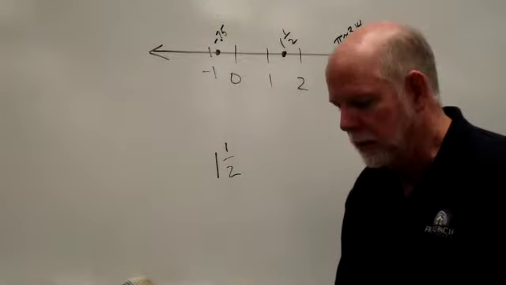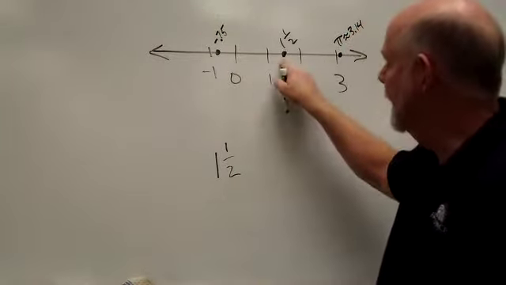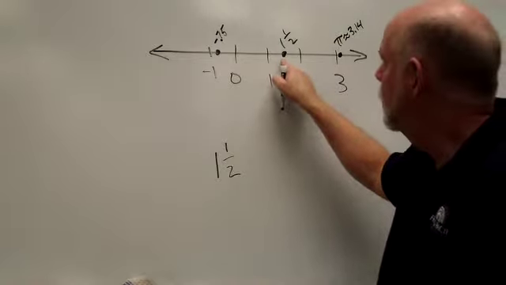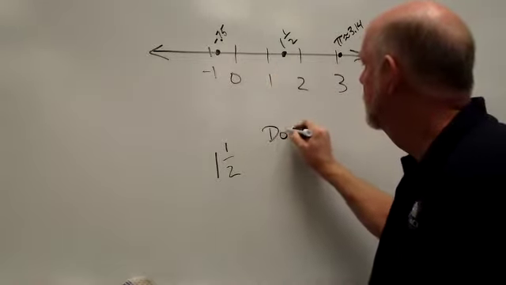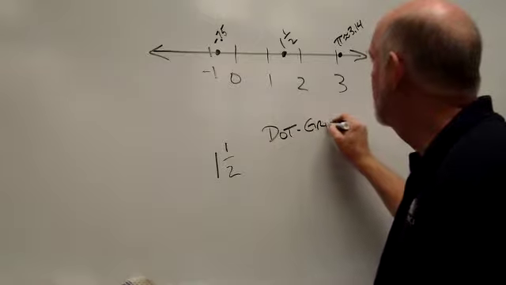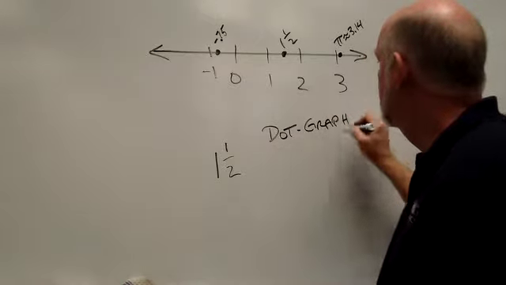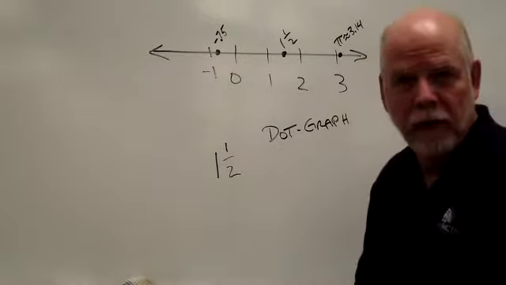Now, this whole concept of what I'm doing here on the number line gets us into another set of vocabulary terms where we need to understand that this dot that I'm making is called the graph. And so I am graphing numbers right now. So the dot is the graph of the number.